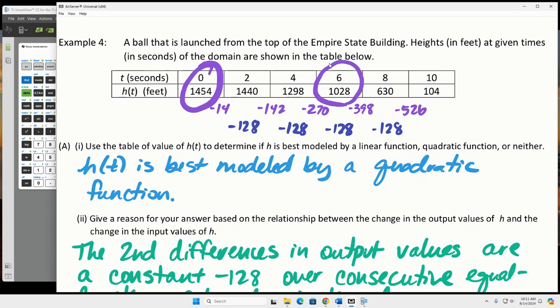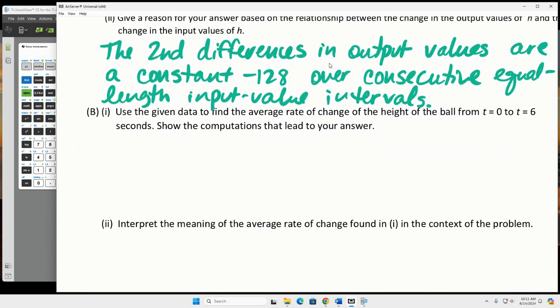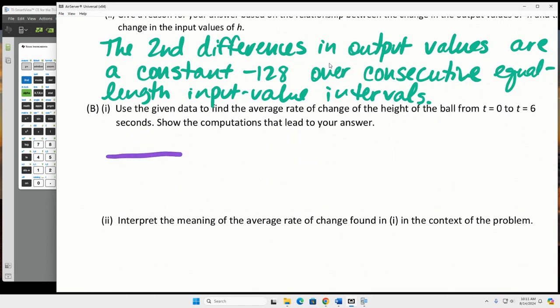All right, so we'll subtract the y's in the numerator and the x's in the denominator. Right, and since this was a nice, pretty quadratic equation, and we didn't use any fractions or decimals, we get a nice integer average rate of change.